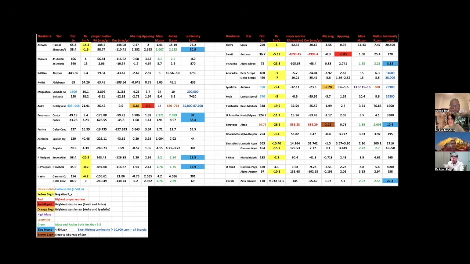Then from Anuradha to Shravana is Vayu, the next 6. And the last 5 are Akasha. So one classification we can do that way.